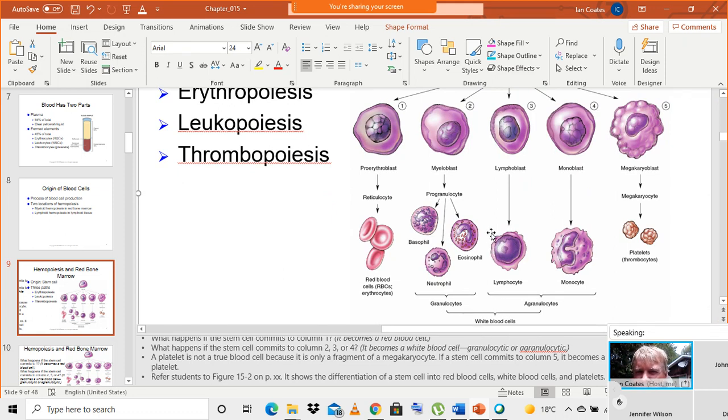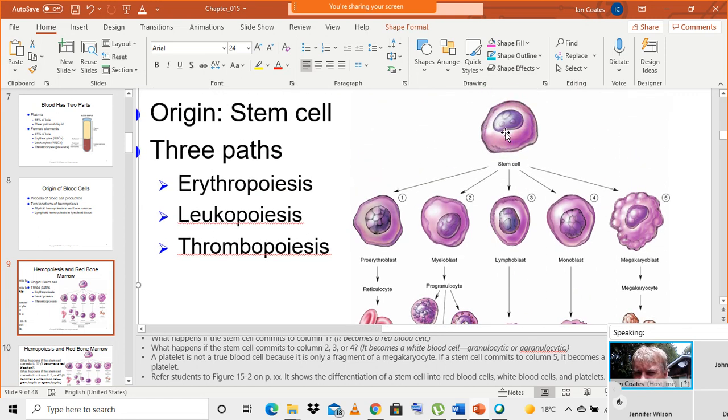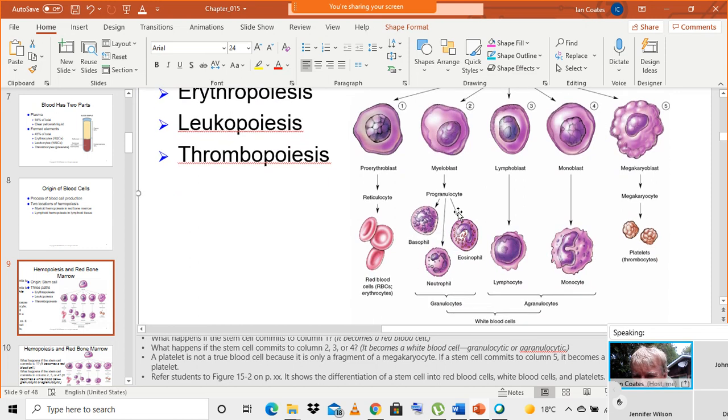If you can understand that the same stem cell can make all of these, that's what I'm interested in. These are all your white blood cells: neutrophil, eosinophil, basophil, lymphocytes, monocytes, and then over here are your platelets. So this is what we're looking for.